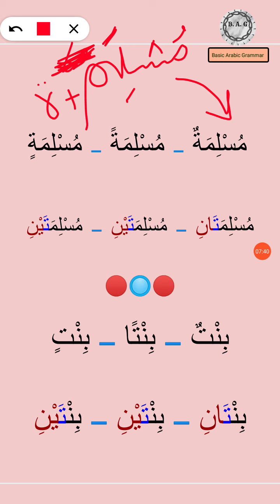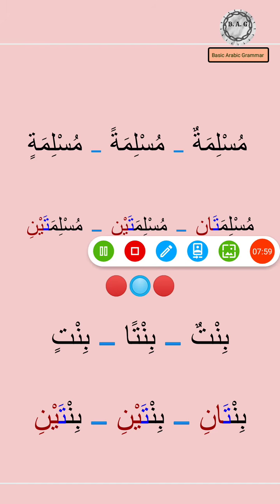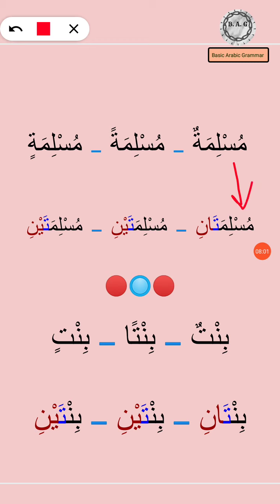And then from muslimatun we are going to make it musanna. How so? Simply replace this round ta with a regular ta that carries a fatha, and then add the suffix of ani. Okay, so in short, muslimatun becomes muslimatani with the suffix of tani.